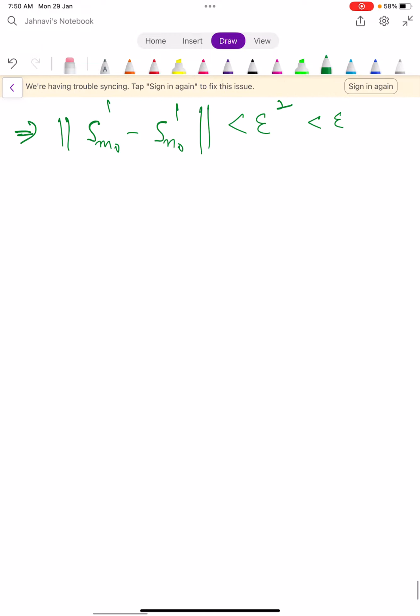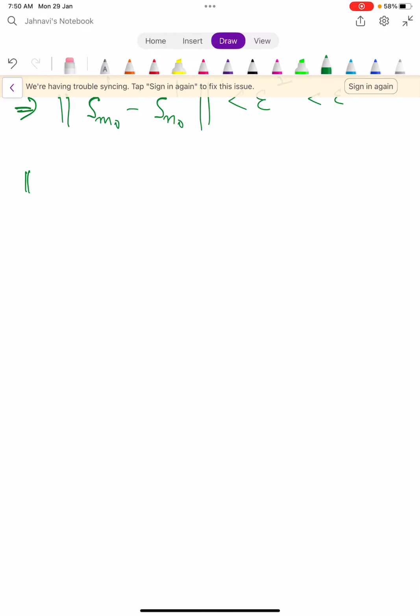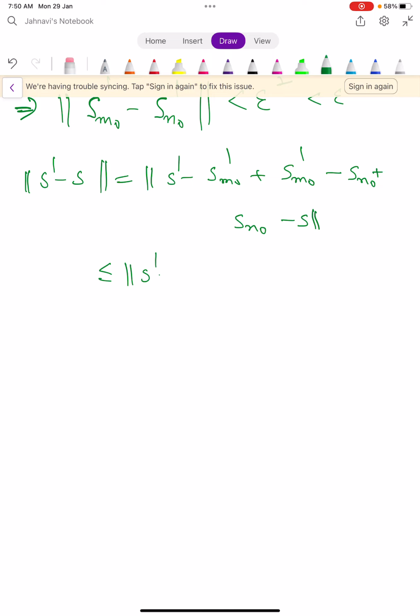Now consequently you can write like this: norm s dash minus s is equal to norm s dash minus Sm naught dash plus Sm naught dash minus Sn naught plus Sn naught minus s. Split the norm, which is less than or equal to norm s dash minus Sm naught dash plus norm Sm naught dash minus Sn naught plus norm Sn naught minus s.